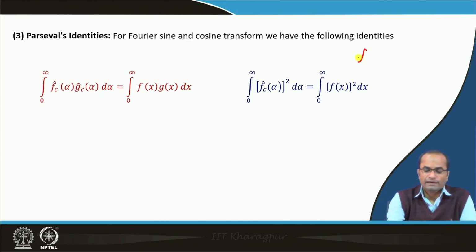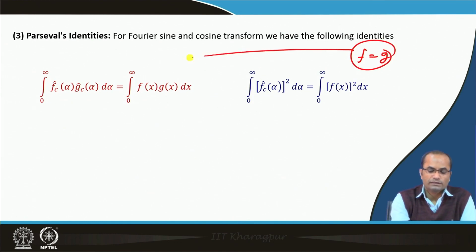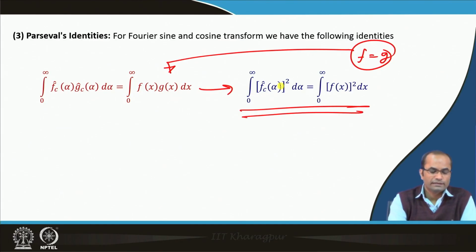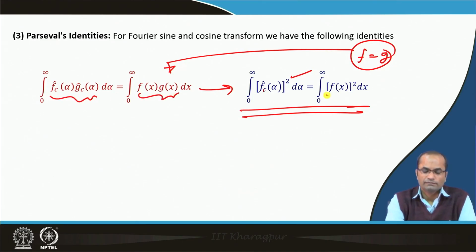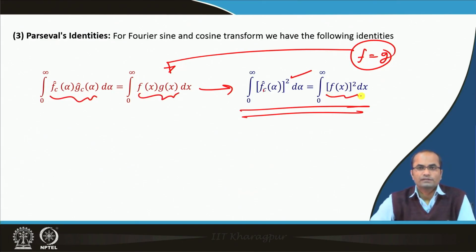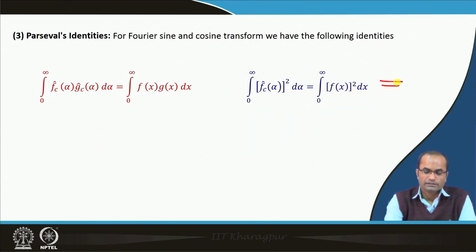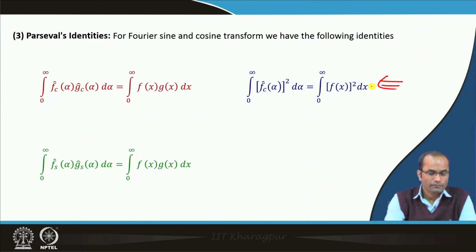And if we take f equal to g in this left formula, we will get another identity, which is the absolute value of f c hat alpha whole square, because that will be the product, and the right hand side will also be the product of the same function, so f(x) whole square. So, this is basically the same identity.